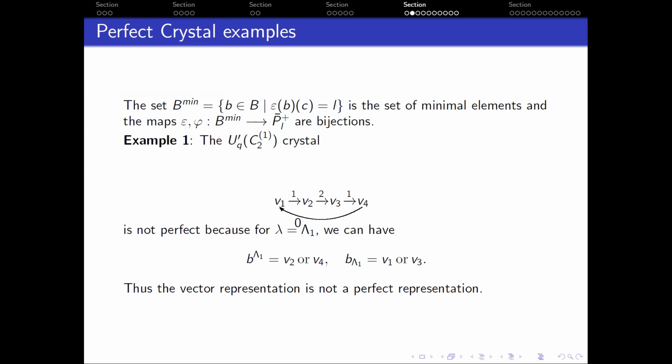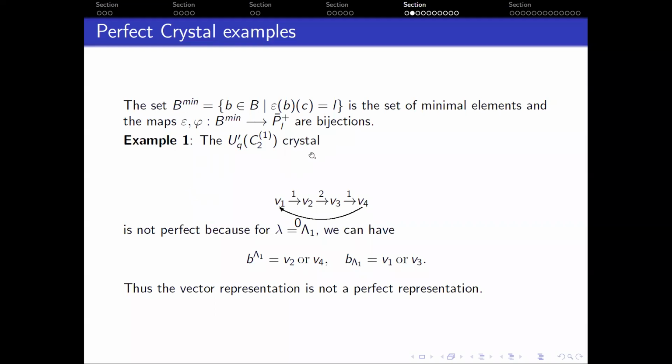Oh, I have only 10 minutes left, so I need to be a little quick. The set of minimal elements gives you a way to define the highest weight vector for the representation.